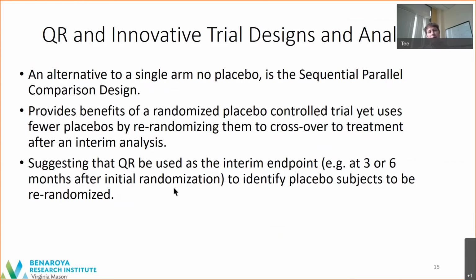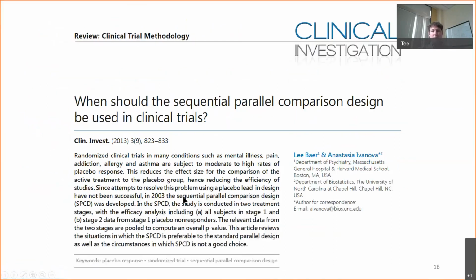And I'm suggesting that the QR metric could be a good metric to use for this interim endpoint to cross over people from placebo to treatment. And this is an article that describes nicely when the design should be used. Type 1 diabetes therapeutic area does fit into this paradigm.